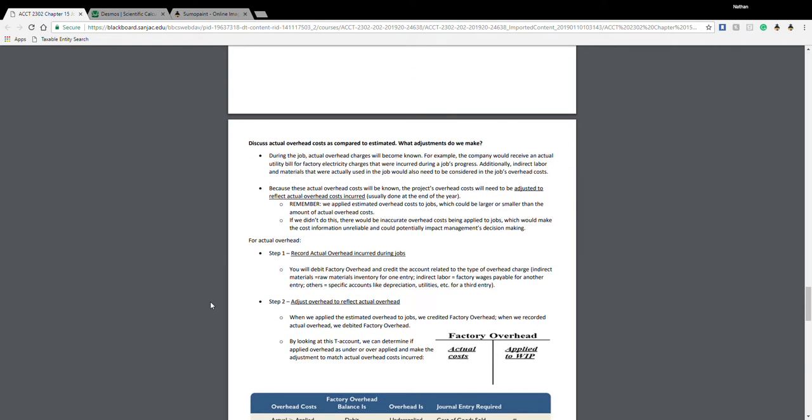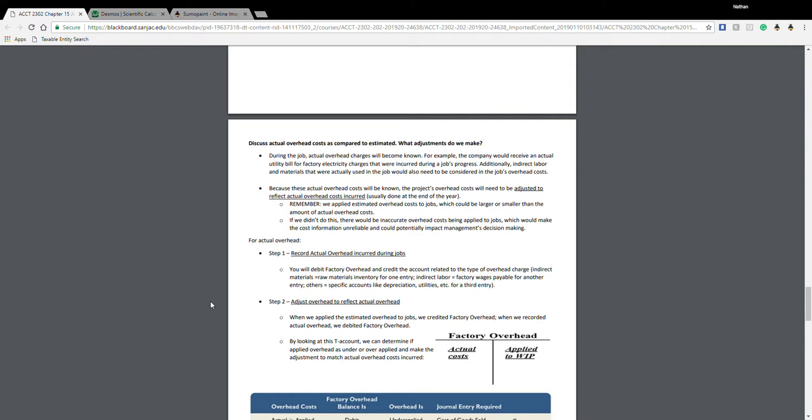So with the actual, we're going to be going through the job, and during the job, actual overhead charges will start becoming known. So for example, we will get the actual utility bill. We'll get what the indirect labor and materials were actually used on the job. How much did they cost?